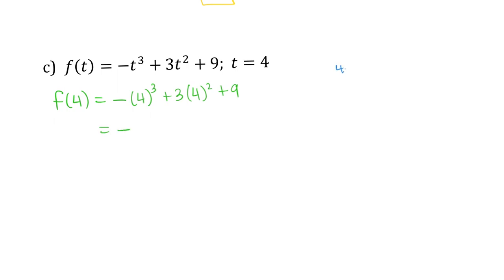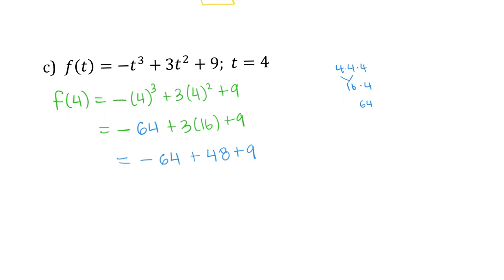I'm going to do 4 times 4 times 4. That's 16 times 4, 64, plus 3 times 4 squared, 16, plus 9. So this is negative 64 plus 48 plus 9.